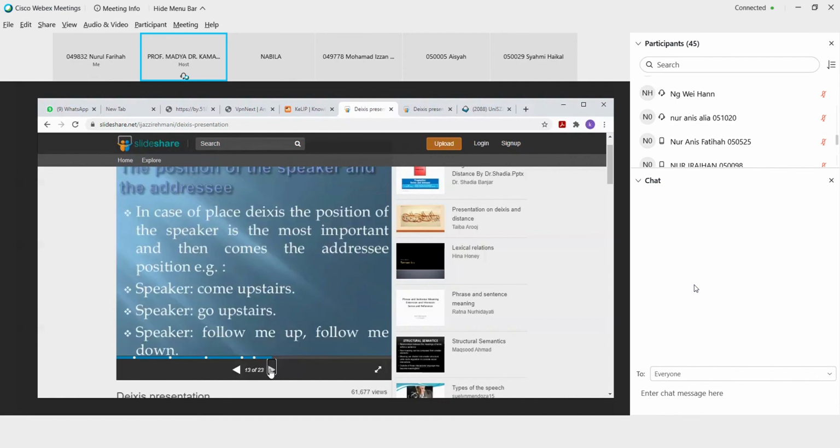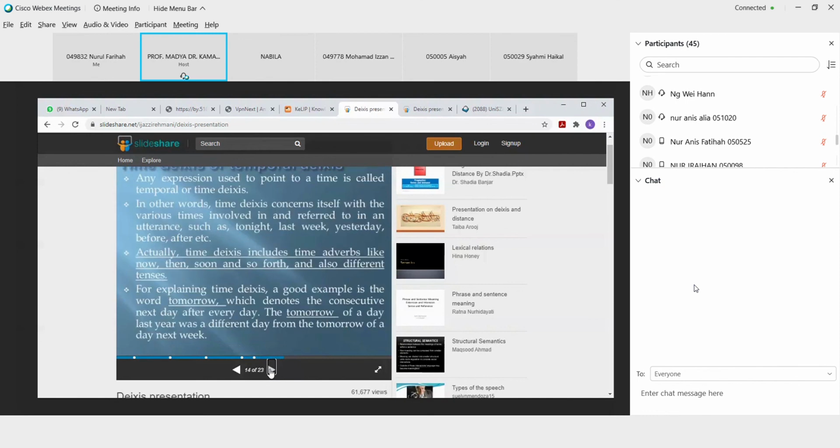In the case of place deixis, the position of the speaker is the most important, and then comes the addressee's position, for example: come upstairs, go upstairs, follow me up, follow me down, and so on. Next, any expression used to point to a time is called temporal or time deixis. Time deixis includes time adverbs like now, then, soon.